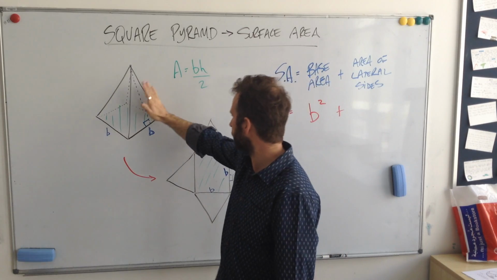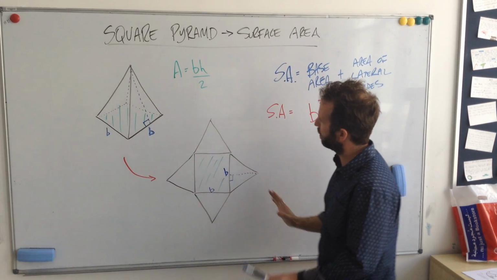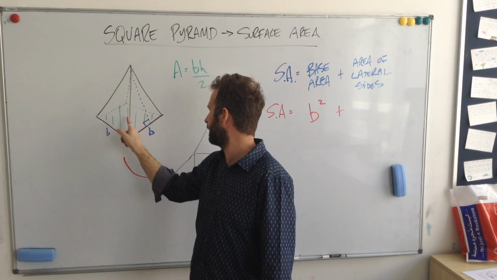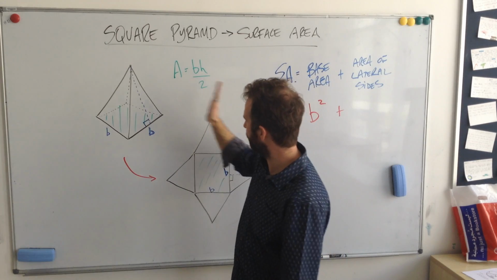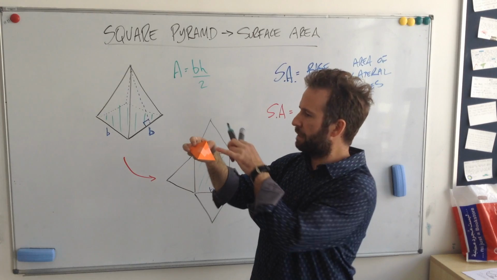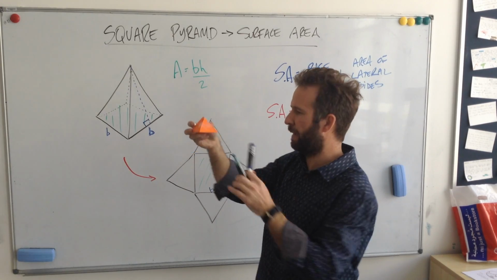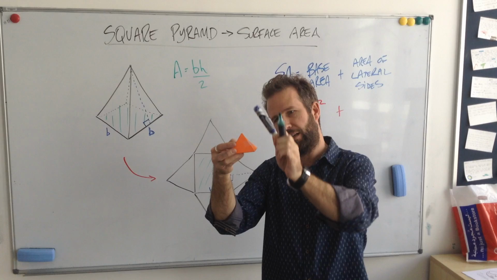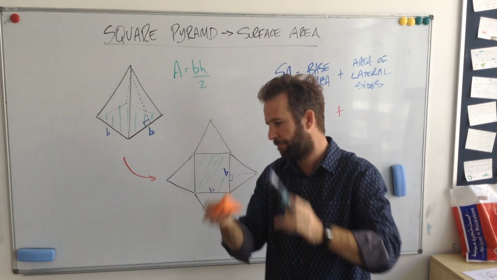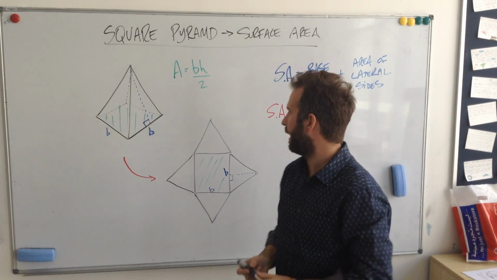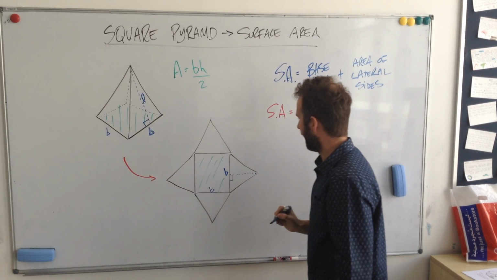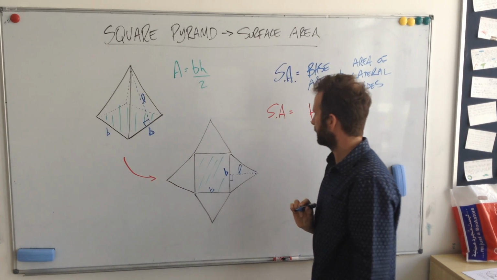For this particular triangle it might be, but in terms of this square pyramid, it's kind of a unique distance from there to there, because it's not exactly straight up and down from the middle of that base. If you can imagine, it's on an angle. So if you can imagine this, it's the distance from there to this base, which is on an angle here. It's not straight up and down from the base. It's down to this side. We have a unique name for that. We're going to call it L, and the way I write it is kind of like that. So we're going to call it an L, just like that.